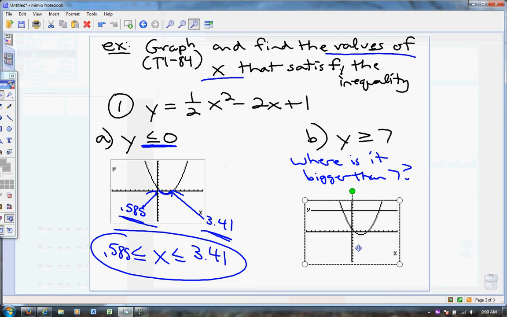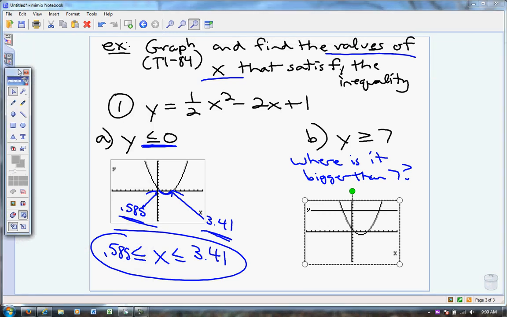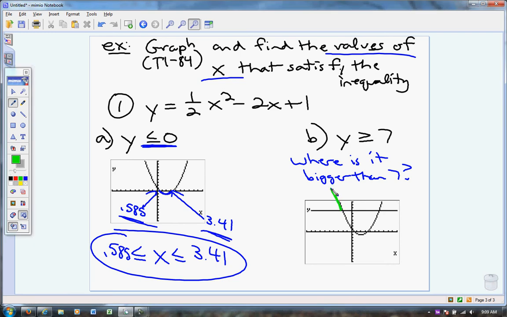It's asking for where is it bigger than 7? Well, it's bigger than 7 from here to infinity and from here to infinity. All right, but it's asking for the x values where that's true. So what we're going to do is calculate these two intersection points using the graphing calculator. And then we'll be ready to write our answer.